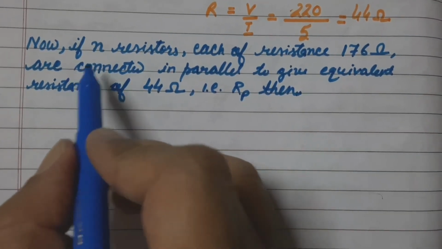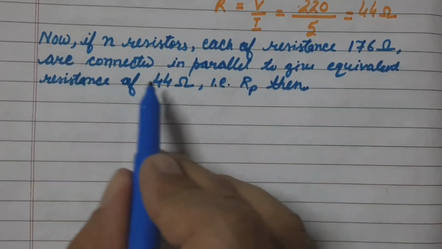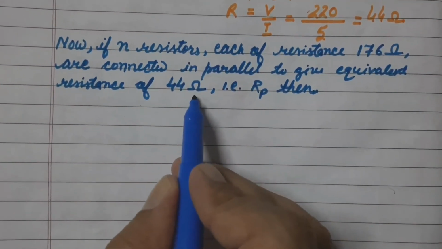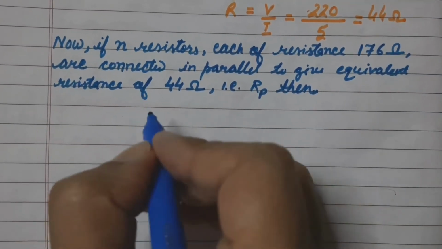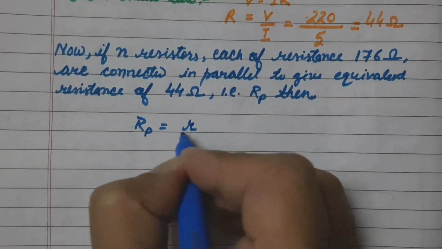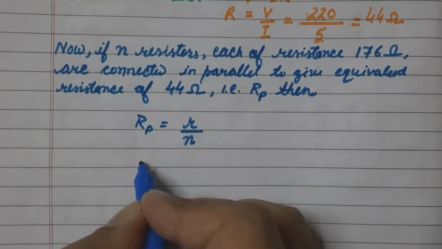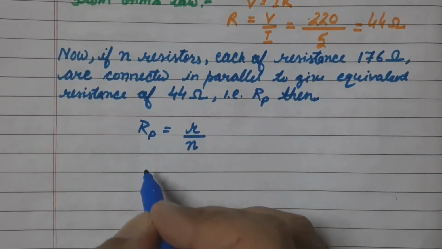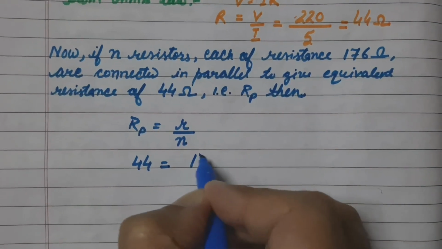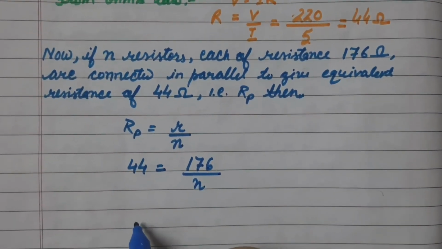Now, if N resistors, each of resistance 176 ohm, are connected in parallel to give equivalent resistance of 44 ohm, that is Rp, then Rp equals R upon N. Filling the values, Rp is 44, R, resistance of each resistor, is 176, and N we have to calculate.